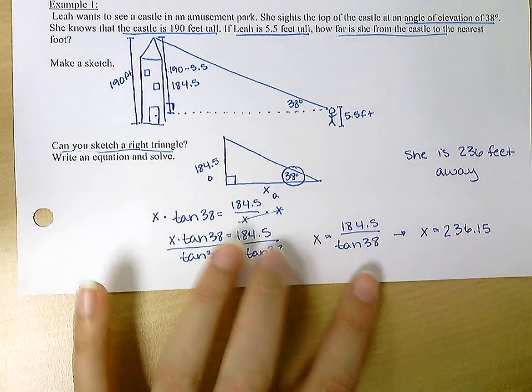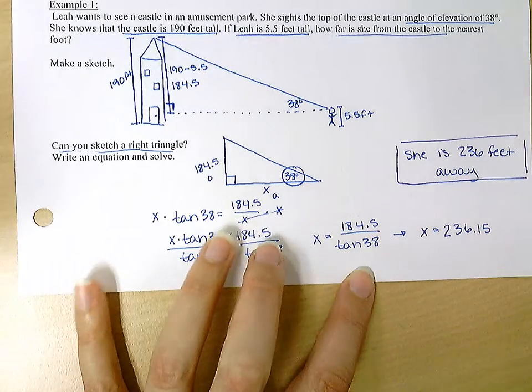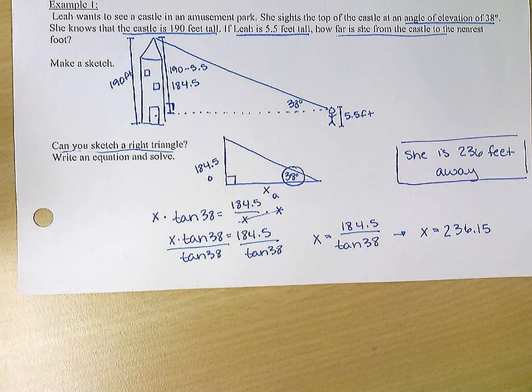So she is 236 feet away. Write out a statement. When you're given a word problem like this, I usually write out just a statement of what my answer is. So, yeah, I'd like you to.